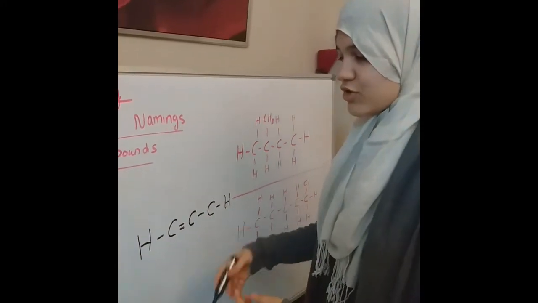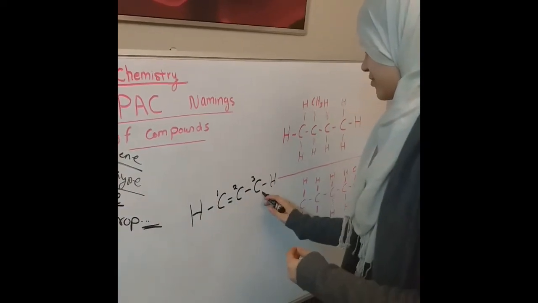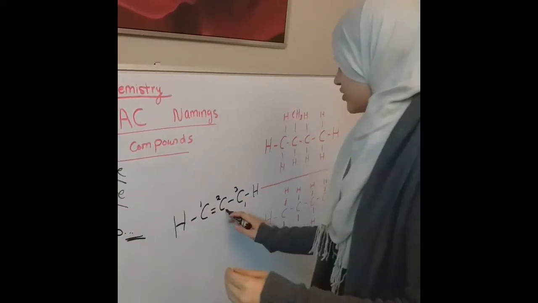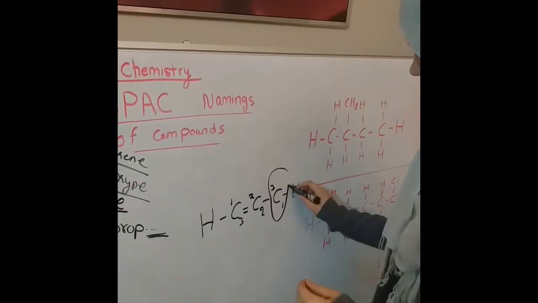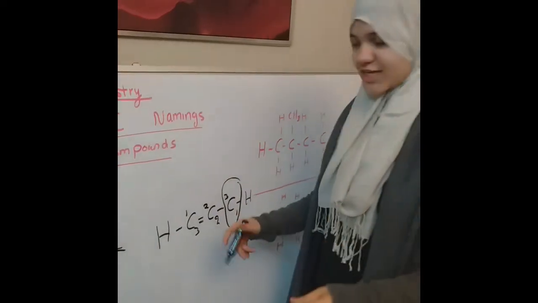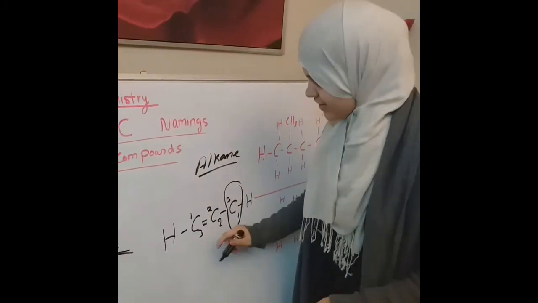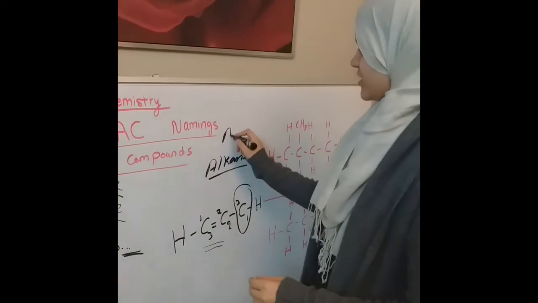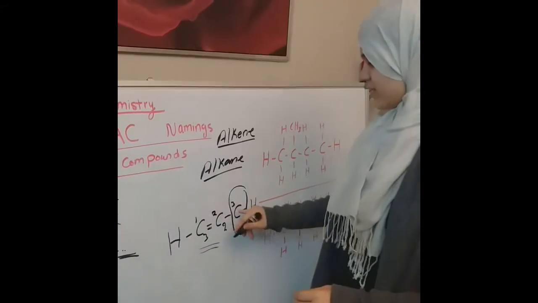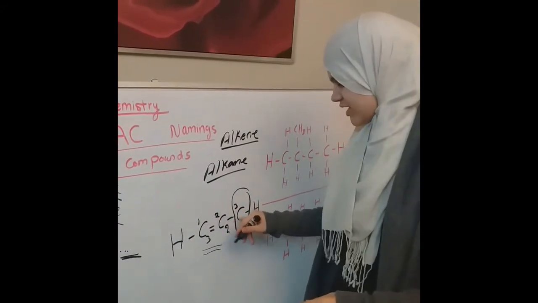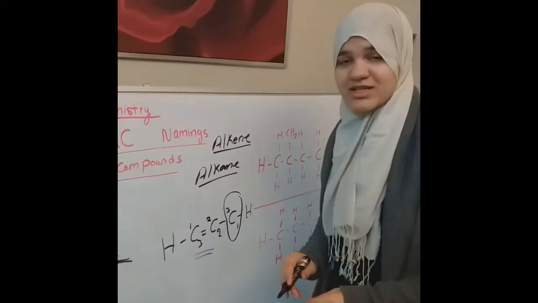Because here we make the numbers in order, 1, 2, 3, and from here in backward 1, 2, and 3. After that, we will look at the last one here. We have 1 bond, which is alkane, and we have here a double bond, which is alkene. So now here what we have from here, 3 and 1. We will subtract alkane and alkene. That means it will be 2.